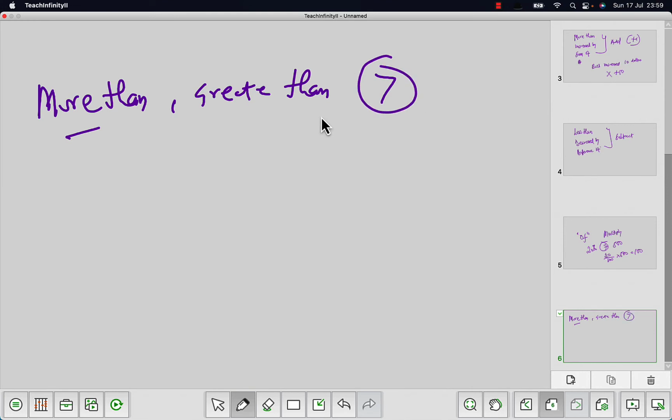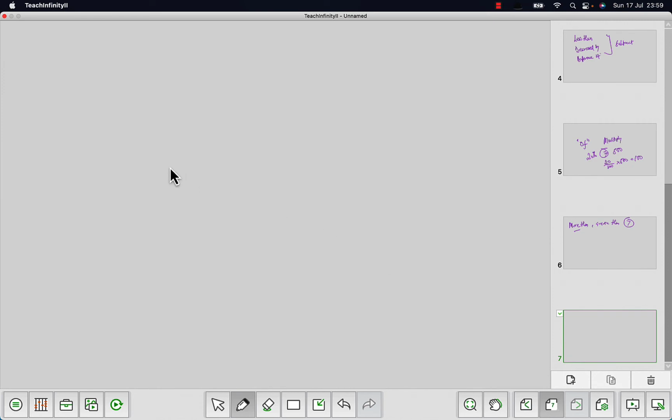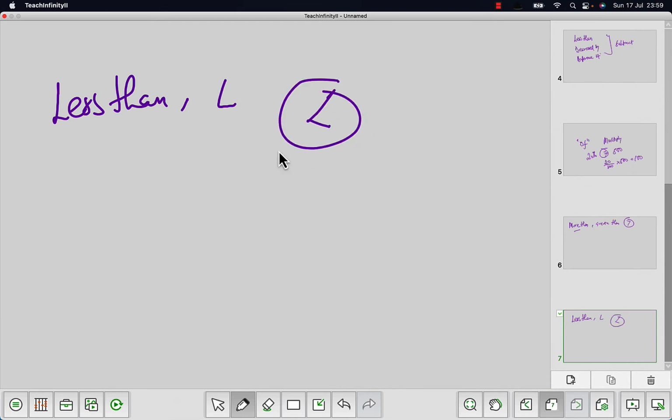So if John's age is more than Edward's age, then John is greater than Edward in terms of age. If we talk about more than, we can also talk about less than. It's just the opposite. Less than can also mean to subtract, or actual less than.